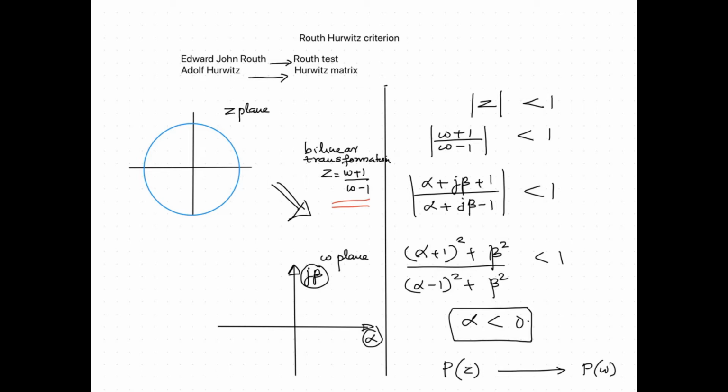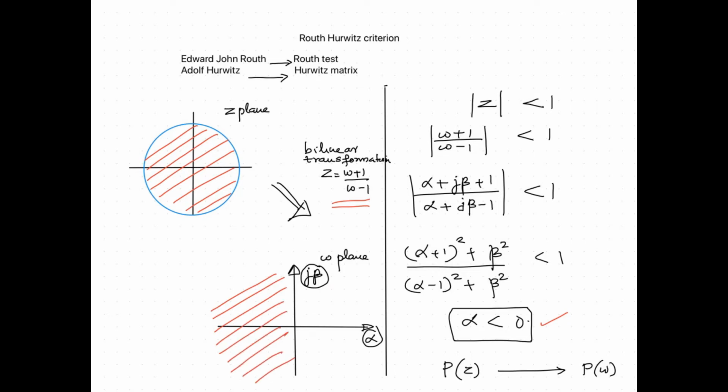If you consider a region inside the unit circle in the Z plane, which we treat as a stable region, you substitute Z is equal to (W plus 1) by (W minus 1), and we can see that alpha is less than 0 in that case. This shows that the interior of the unit circle is mapped to the left half of the W plane.